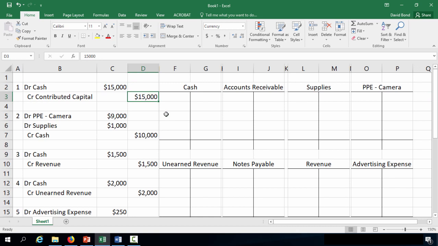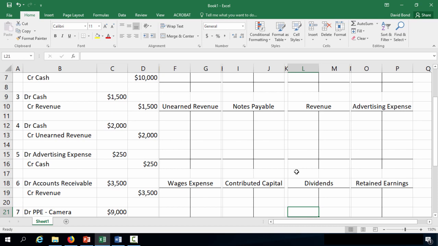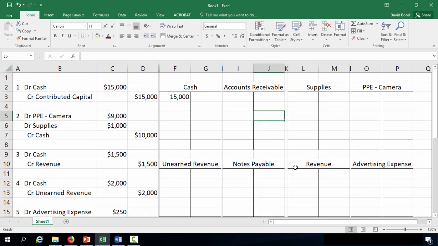So let's get started. So cash is debit 15,000, contributed capital is credit 15,000. Camera is debit 9,000. Supplies debit 1,000.